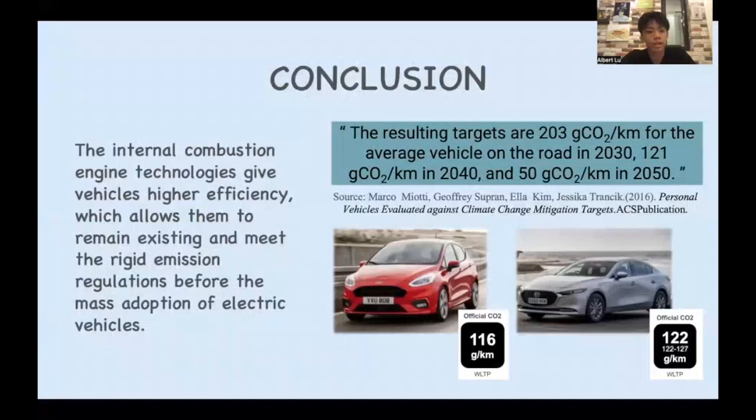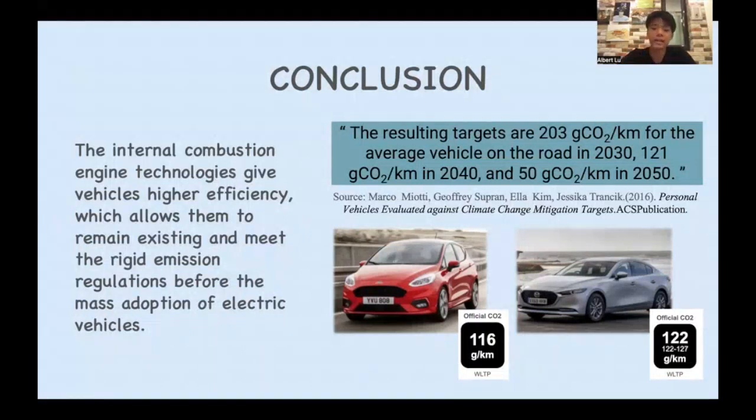In conclusion, internal combustion engine technology gives vehicles higher efficiency, which allows them to remain in existence and meet rigid emission regulations before mass adoption of electric vehicles. And here's a study that predicts the emission targets in 2013, 2014, and 2050.